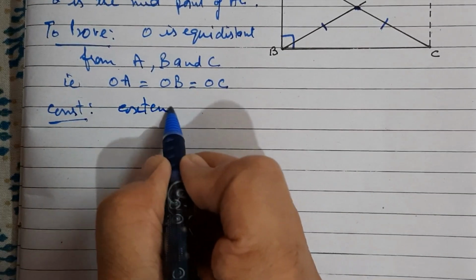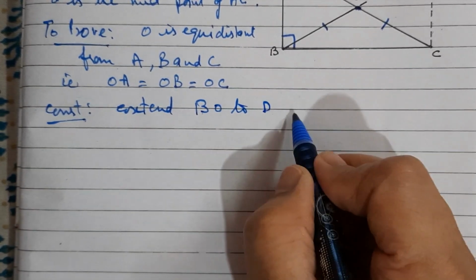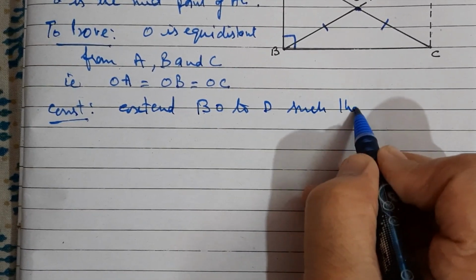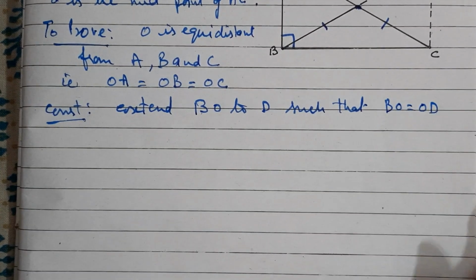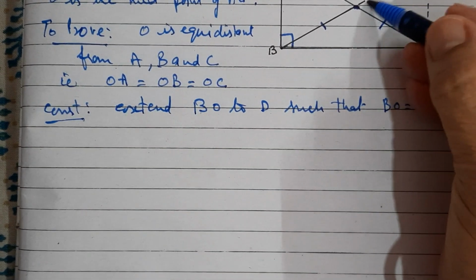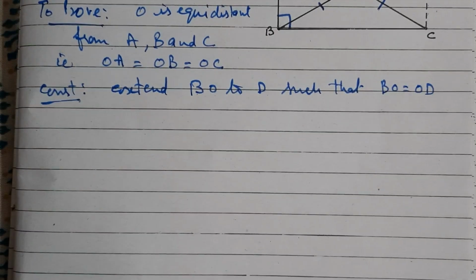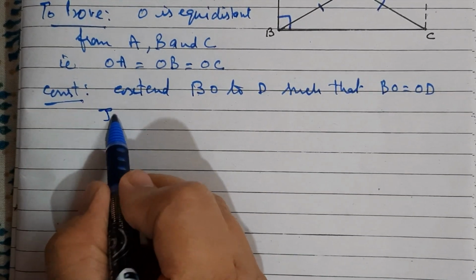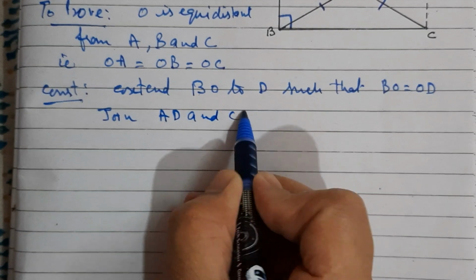Here you have to tell extend BO to D such that BO is equal to OD. So through construction we have to construct this so that the distance of BO and OD is equal. Then we have to join AD and CD.